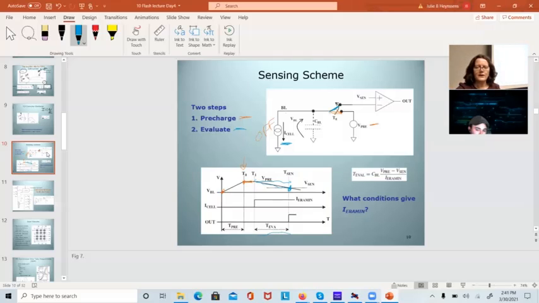After T evaluate happens, I'm going to turn on this amplifier here. This is an open loop op amp. You can use a latch, an op amp, any variation for the sense amp. You're going to compare the level on this voltage right here to V-sense. If it's above that level, I call it a device that is not turned on.